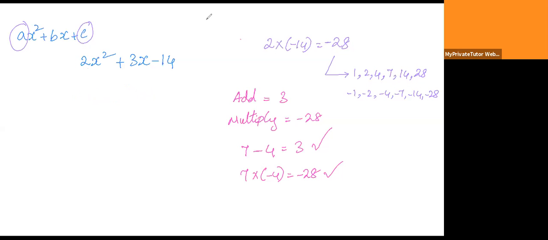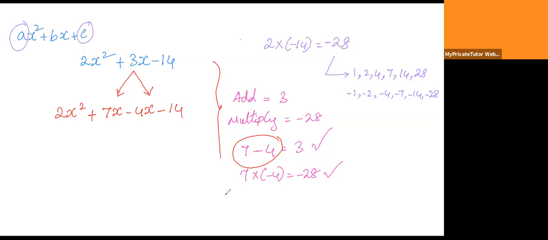So please split the middle term. 2x squared plus 3x can be written using 7 and minus 4 as 7x minus 4x. 7x minus 4x is the same as 3x. Then we have the minus 14. Please write that, guys.